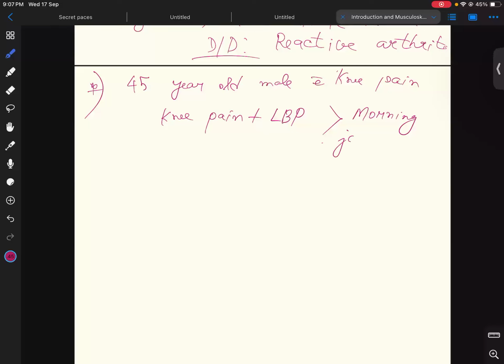So what is the cause of knee pain and low back pain in this patient? Can anyone answer? Ankylosing spondylitis. Yes, ankylosing spondylitis, but better to tell it seronegative spondyloarthritis. It was a case of actually ankylosing spondylitis.